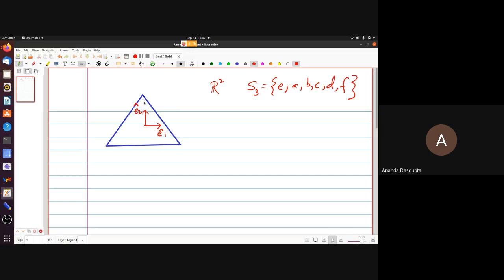So I will have to choose a basis first, and the obvious choice is an orthogonal basis E1, E2. Remember the labeling: this is the vertex A, this is the vertex B, this is the vertex C. And what does the identity do to E1, E2? That's the easiest one.